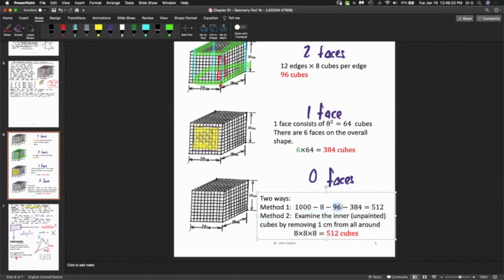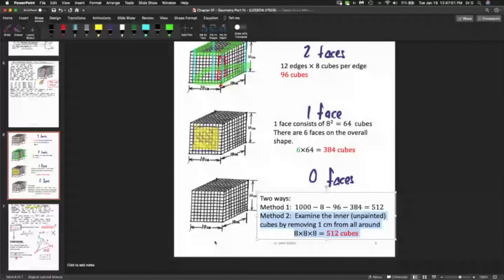Let's say that instead of 96, you had the wrong number. Now you use a wrong number to get another number that's wrong as well. So, in my opinion, it's better to do method two, play it safe, and then use all 4 of your answers and make sure all 4 of your answers add up to 1,000. So keep the 1,000 as your check, the ace up your sleeve.